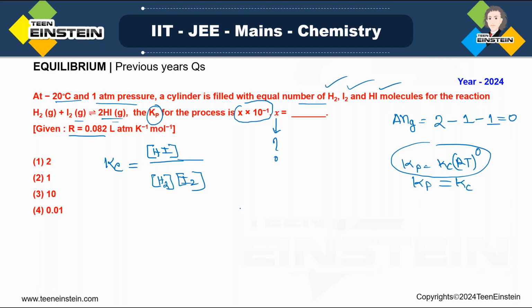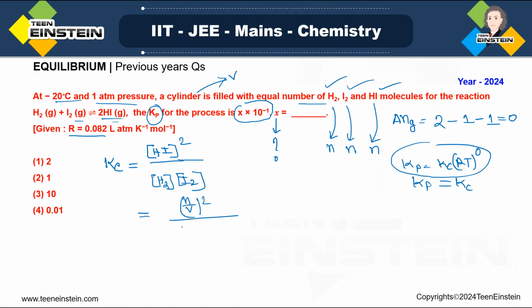Now in terms of Kc, why is it easier? Because it is mentioned in the question that the cylinder is filled with an equal number of hydrogen, iodine and HI. So if I write that the number of moles of hydrogen is N, for iodine it is N, and for HI also it is N. And suppose the cylinder has volume V. So in this concentration expression, I can write HI concentration as the total number of moles divided by volume, so it will be N by V whole squared.